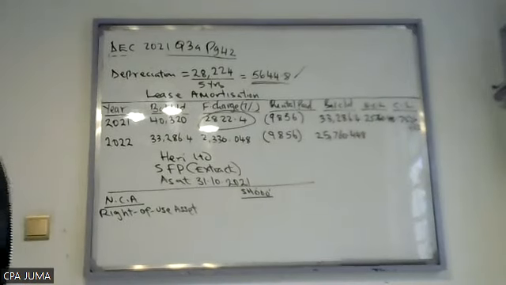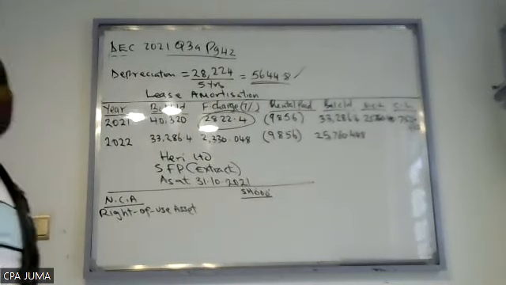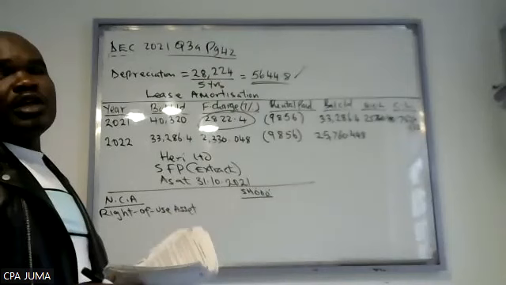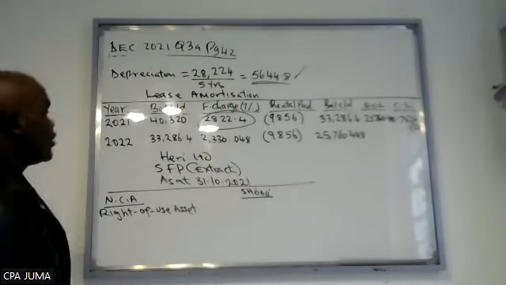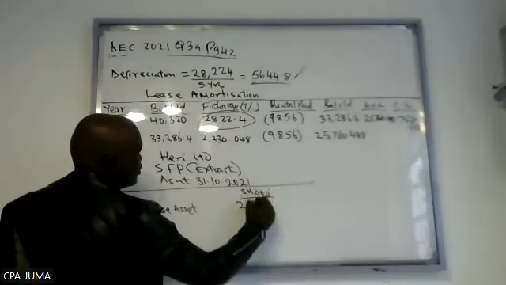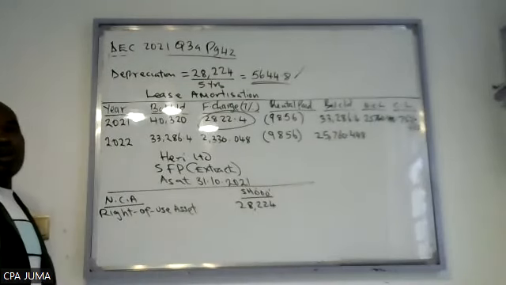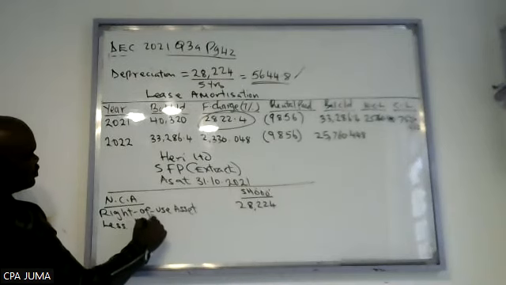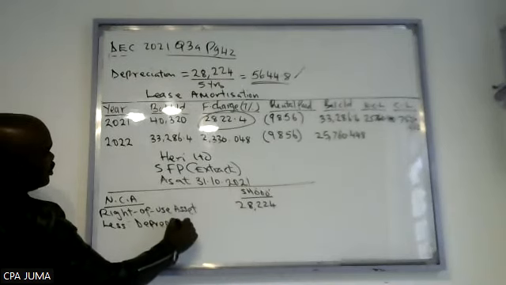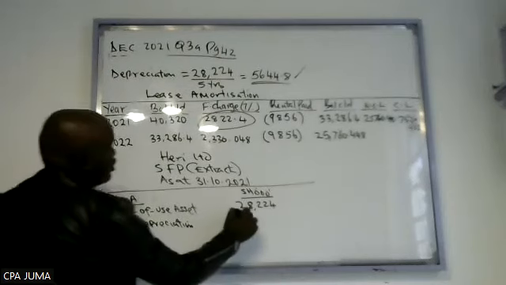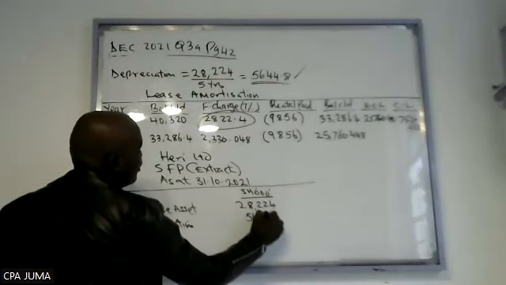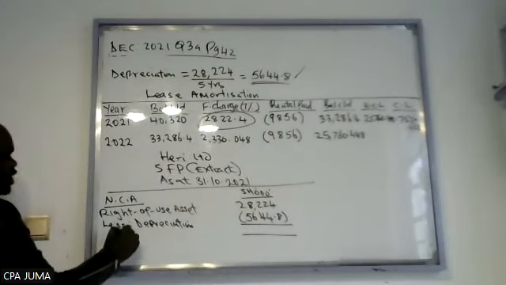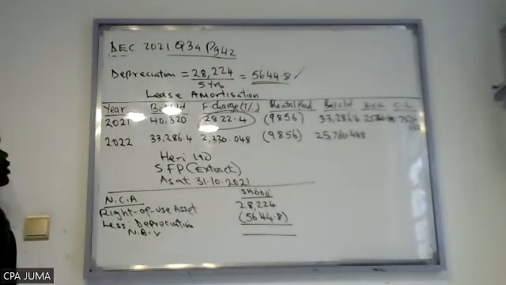It was 28 something. 28,224. Less depreciation. So depreciation, we have it here: 5644.8. So you will get your net book value. You can get that.